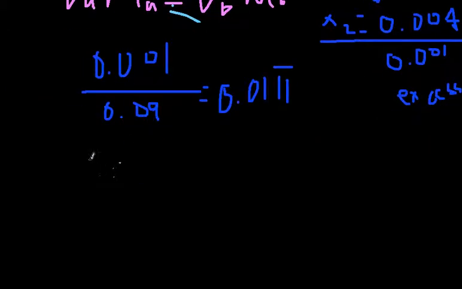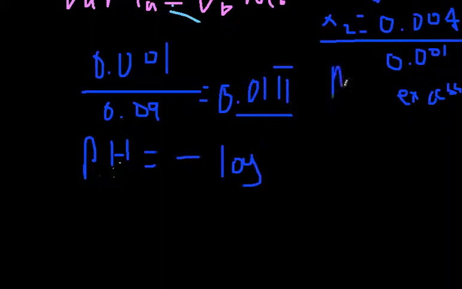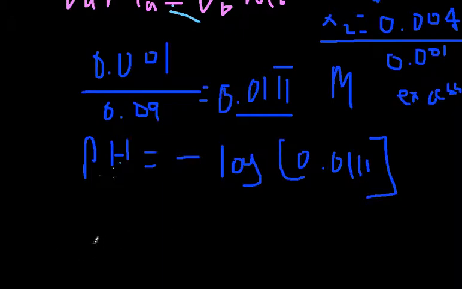So now we have to use pH equals negative log of the concentration. This is in molars, by the way. Negative log of the concentration of HCl, 0.0111 repeating. So we plug this into the calculator to see what we get.